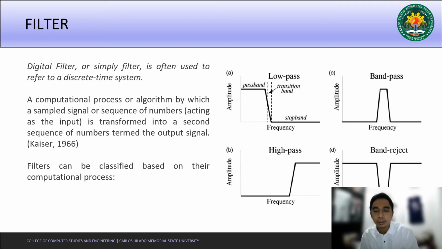It only allows lower frequencies to pass through, and a high pass filter only allows high frequency signals. So that's the difference between the two.